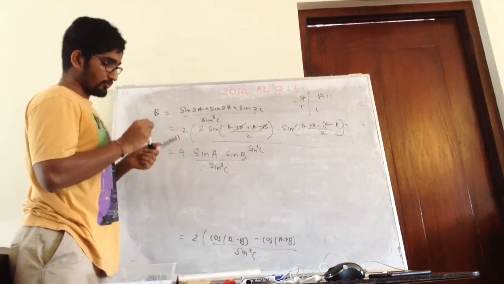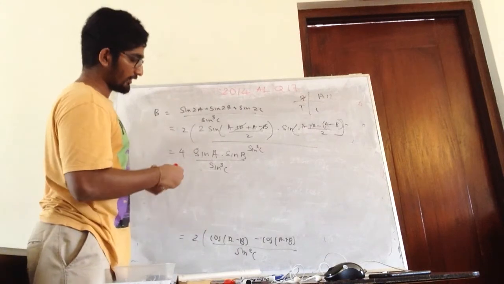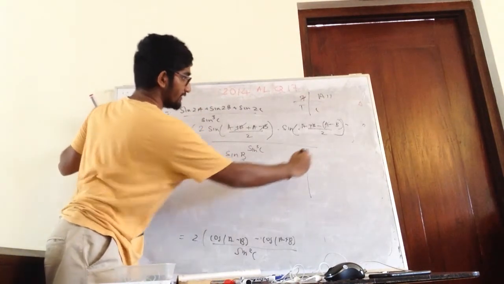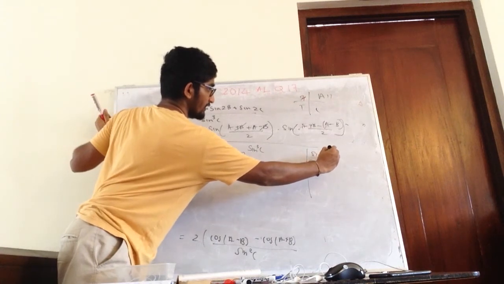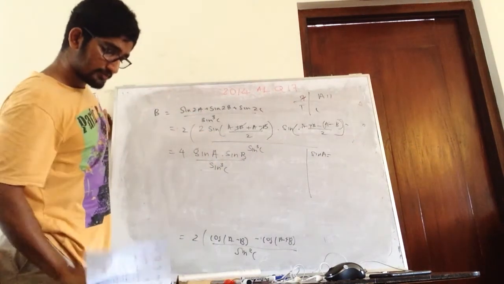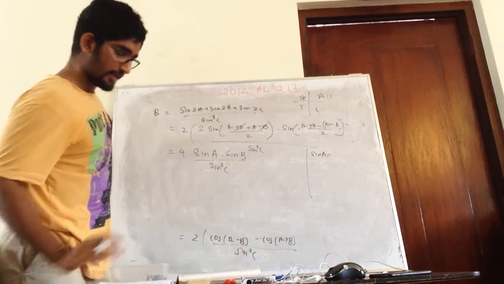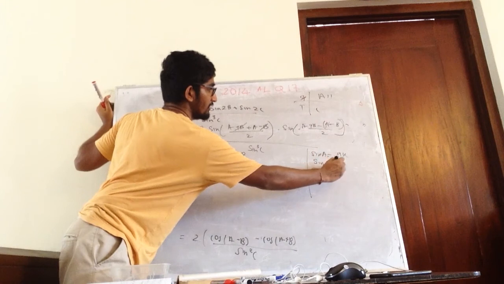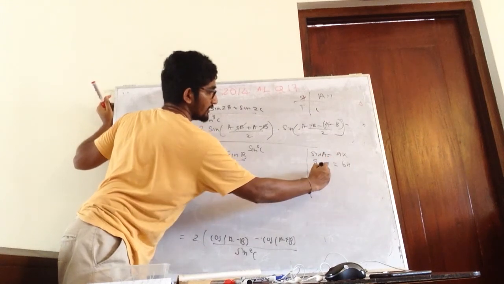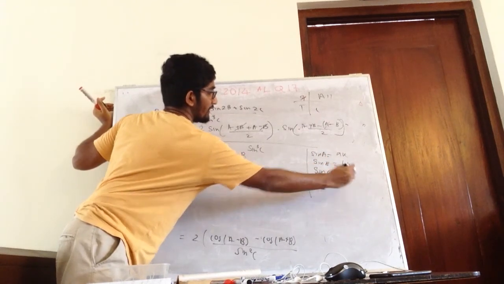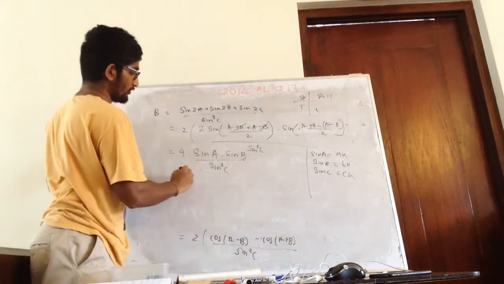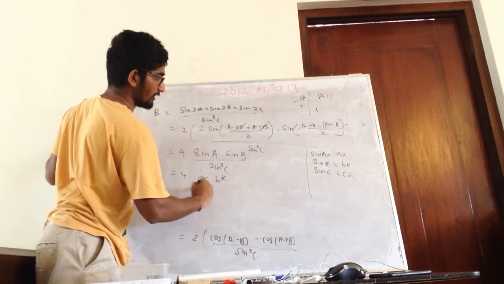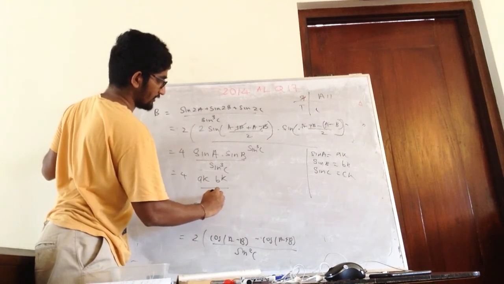Right? So now the thing that I wrote first of all will get handier. Sin A was equal to what? AK, sin B is BK, sin C is CK. So I'm going to use this now: 4 times AK, BK, over C square K square.